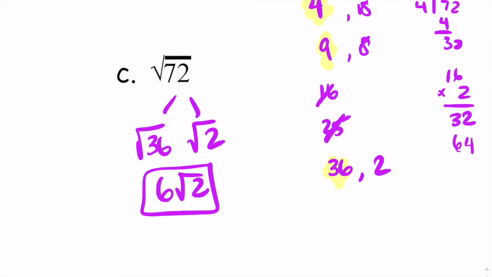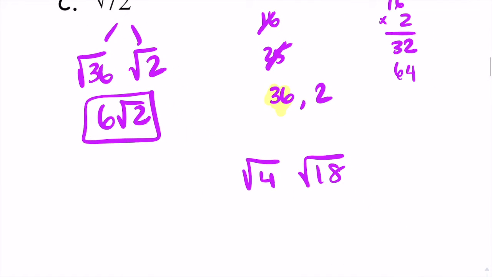Okay, so now let's say you didn't recognize that 36 fit inside, and let's say you went with just 4, right? So then, if you split it up into 4 and 18, what do you notice about this? Well, this is 2. Can my square root of 18 be simplified into more perfect squares? Yeah, this can be broken up into square root of 9, square root of 2.